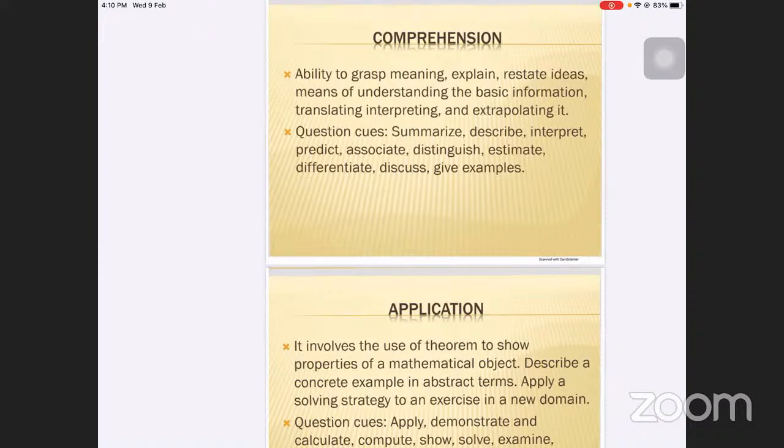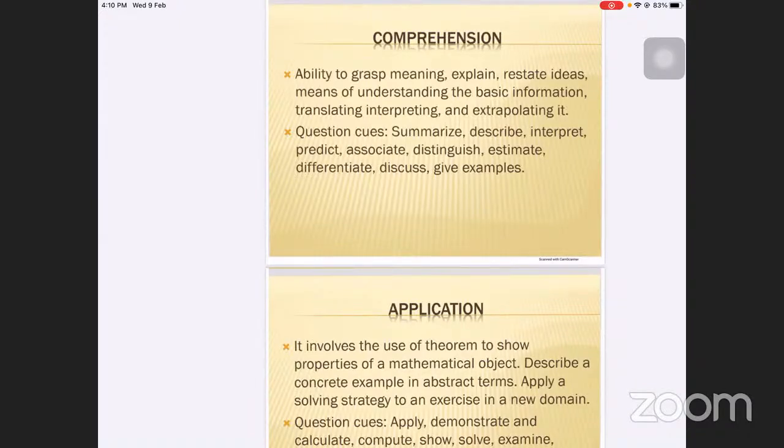Question cues: summarize, describe, interpret, predict, associate, distinguish, estimate, differentiate, discuss, give example. Comprehension is quite a high level of learning that comes after knowledge.